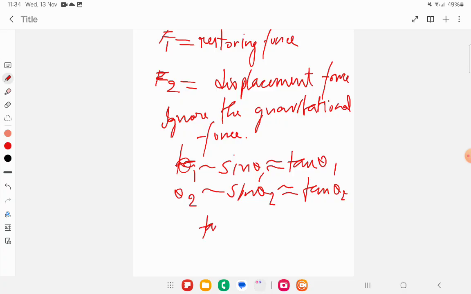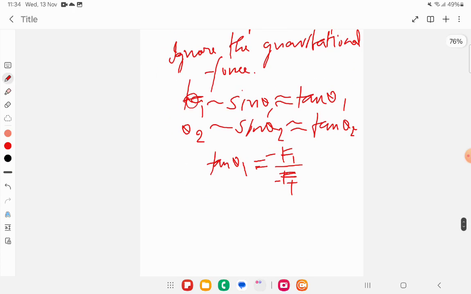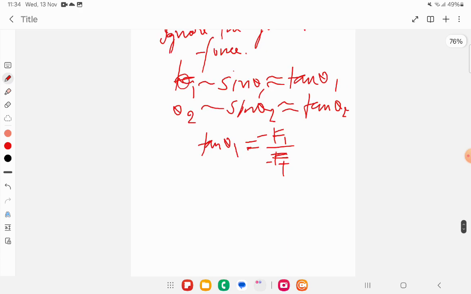Tan theta 1 is equal to minus F1 by Ft and tan theta 2 is equal to F2 by Ft.